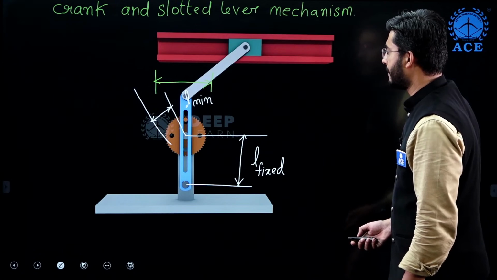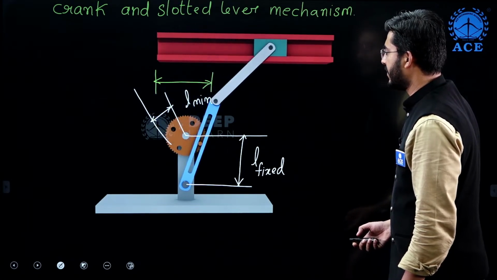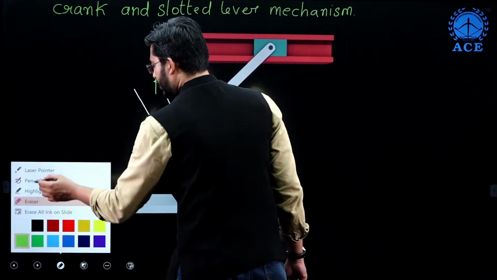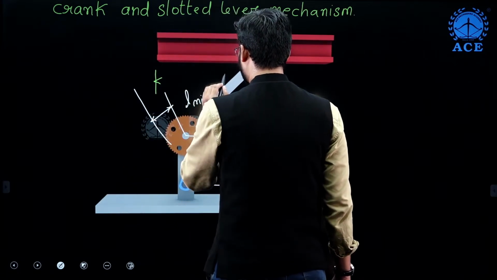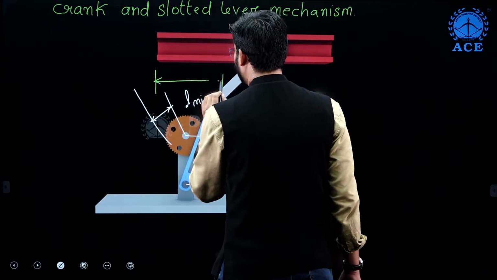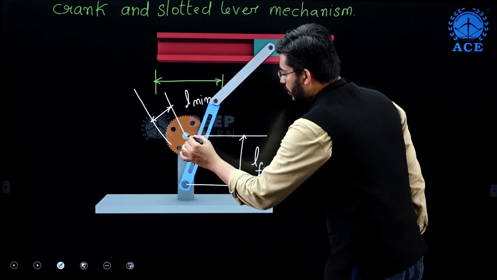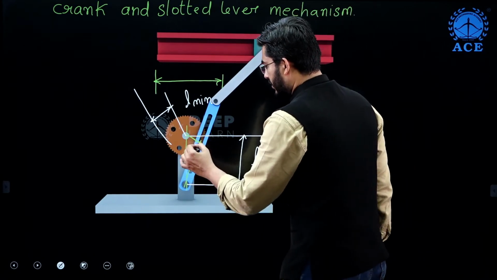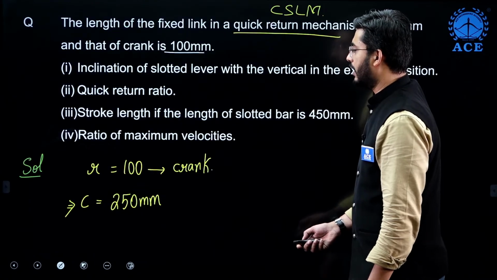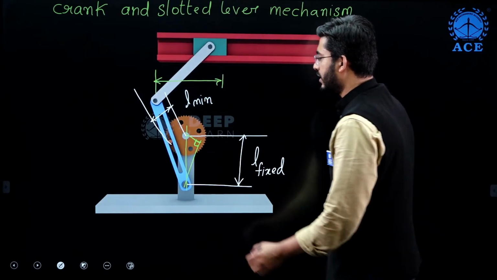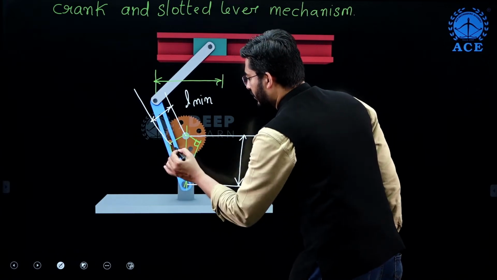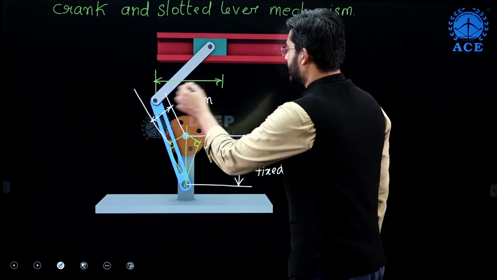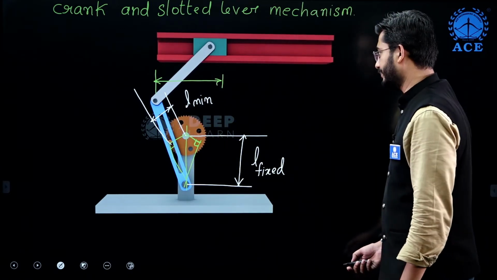Yeah, this is another extreme position. So at both of these positions, we will see that the crank is at 90 degrees with the slotted bar. Here you can notice that the angle between the crank and slotted bar is 90 degrees. All right. So this distance is going to tell us about the stroke length.